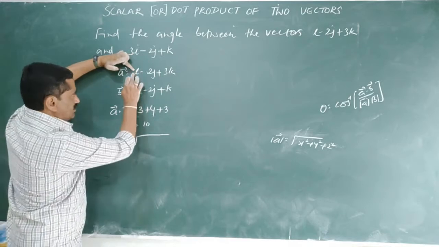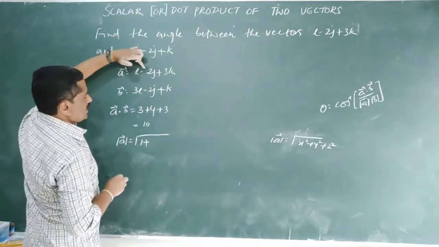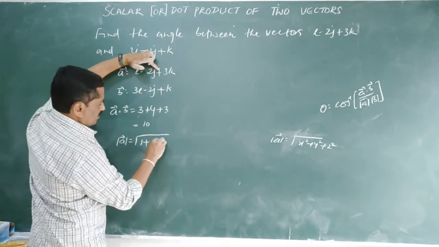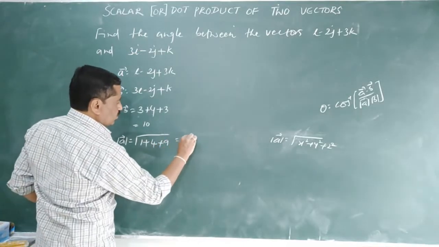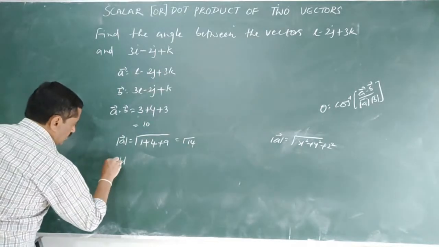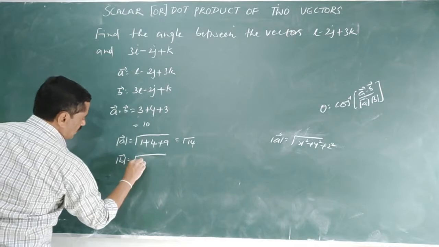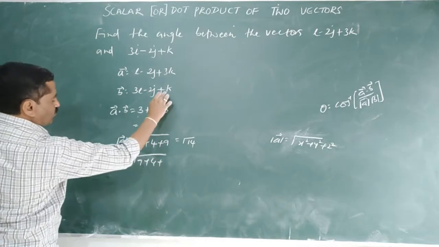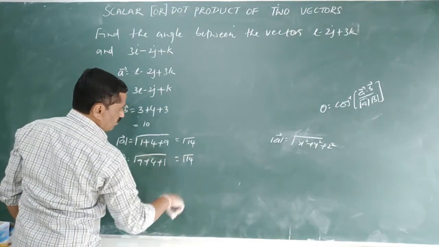We have 1, that is 1 square, 1, plus minus 2 whole square, that is 4, plus 3 whole square, we have 9, that is equal to root 14. Then the magnitude of b bar is equal to square root of 3 square, 9, plus minus 2 whole square, we have 4, plus 1 square, we have 1, that is again root 14.